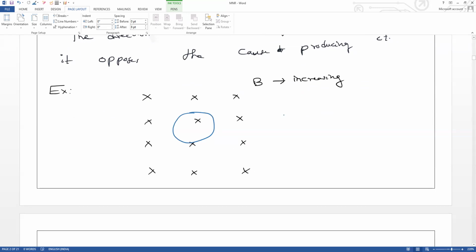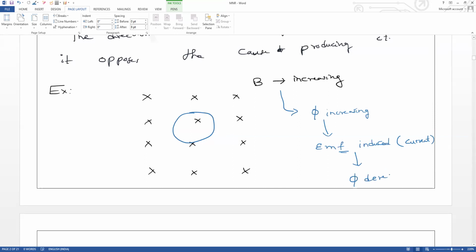Now, B increases. We all know that if B increases, magnetic flux also increases. Then EMF is induced, and if EMF is induced, current will be induced. Once EMF is induced, the magnetic flux will what?